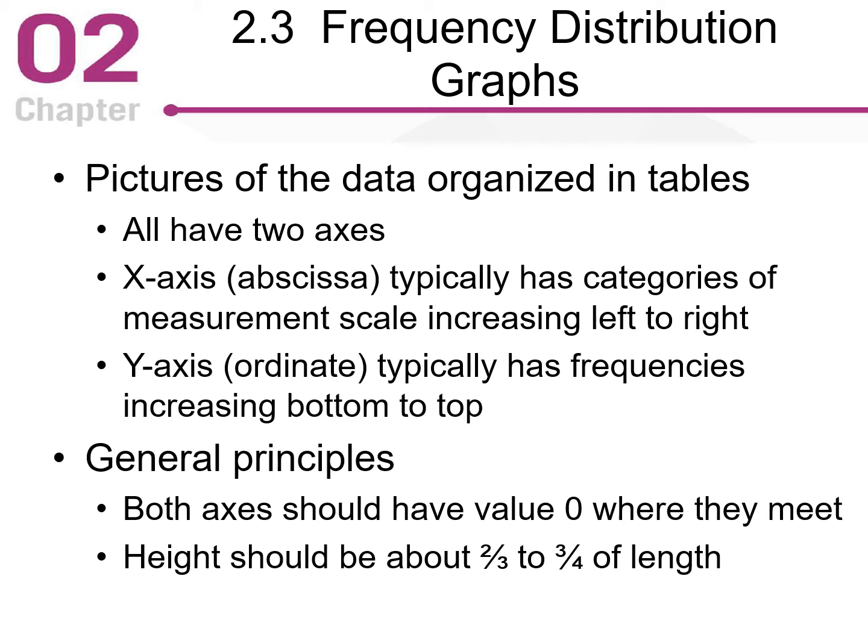They generally increase from left to right on the x-axis, and from bottom to top on the y-axis. You know that from graphing many times in elementary school, middle school, high school, basic algebra, right? You've done graphing, X and Y. And they meet at the 0, 0 point, right?